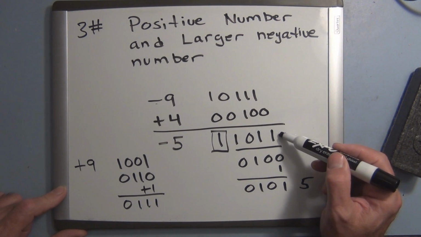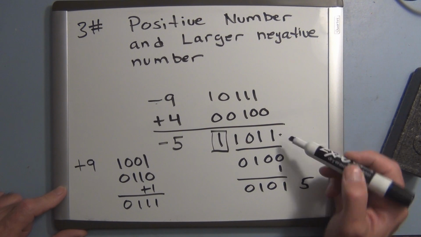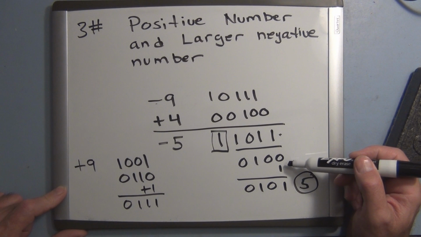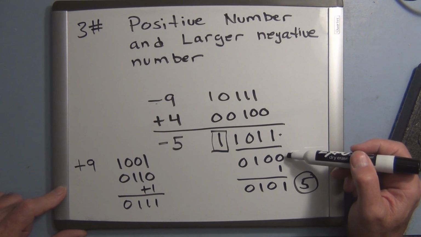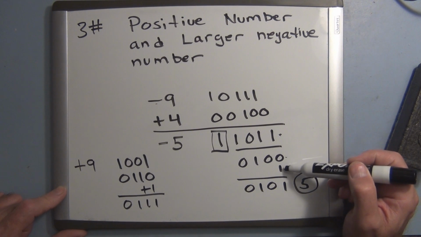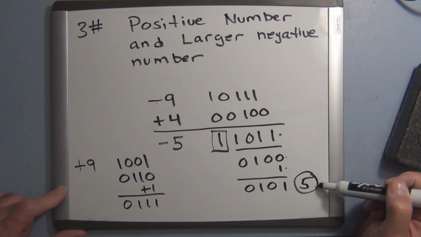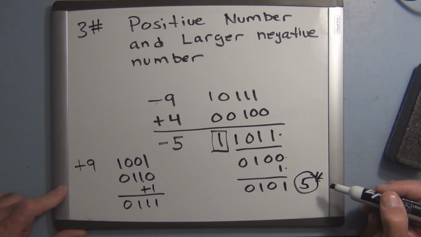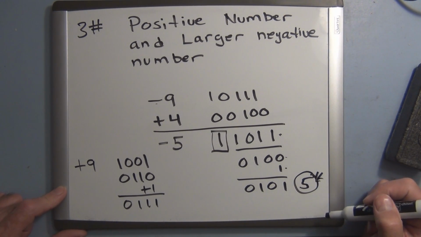The magnitude portion will be in 2's complement form, and we verified that it's a 5 by just reversing the process. We complemented again and then added a 1 to show that this in fact is a 5 in the true magnitude form.